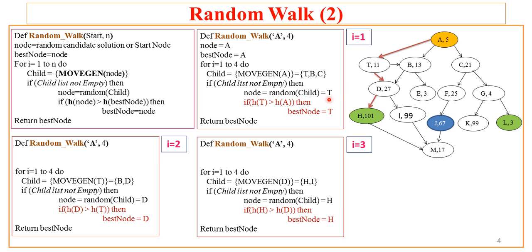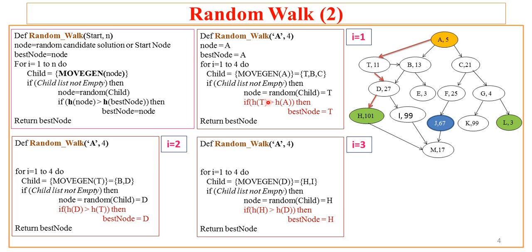Now here in this if statement, the current node, which is T, has its heuristic value compared with the best node, which is A in our case at this point of time. So this is basically iteration 1, that is I equal to 1.